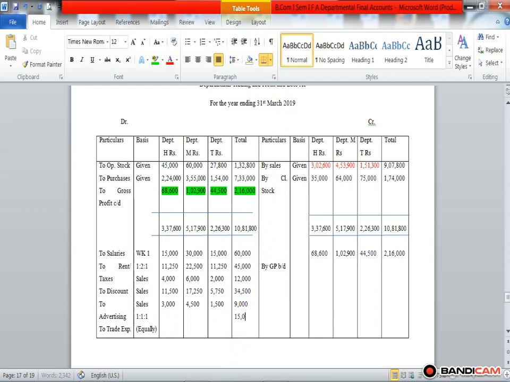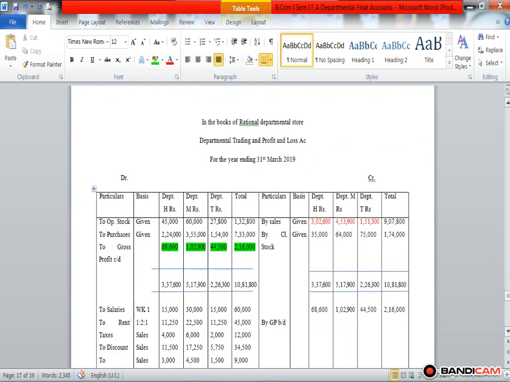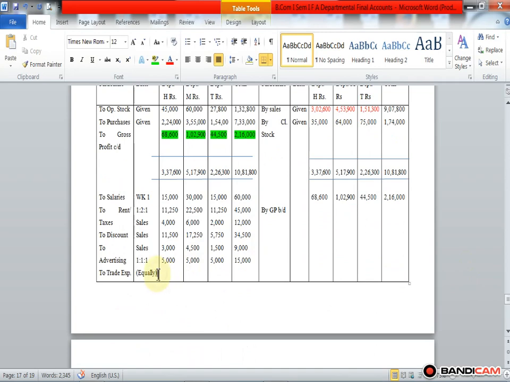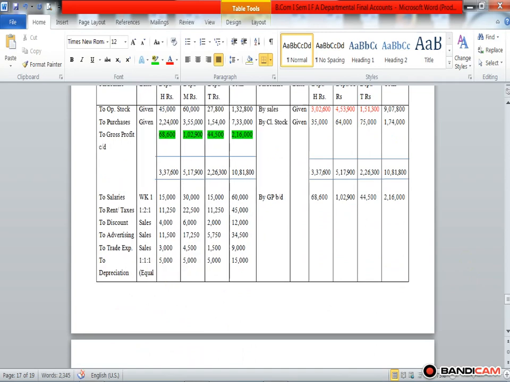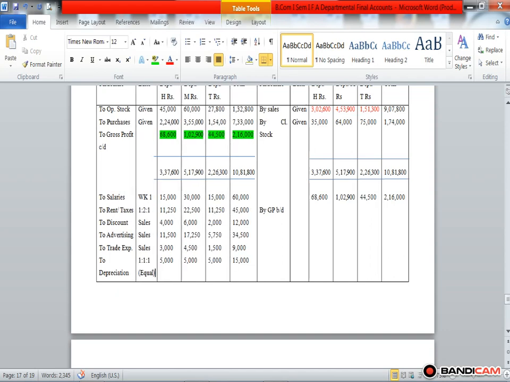Total amount of depreciation is 15,000, so equally 5,000 for each department. Okay, equal.